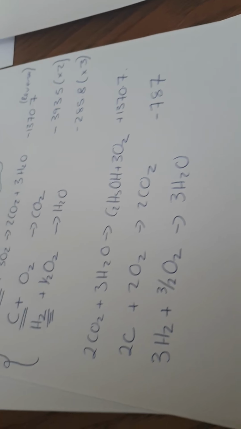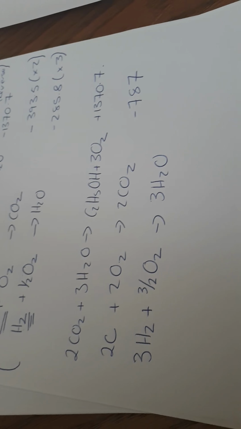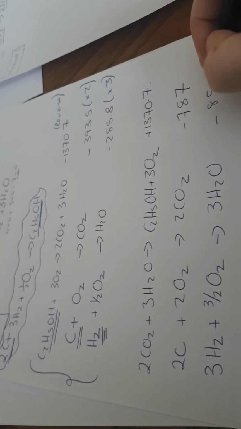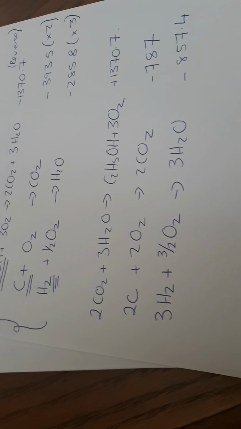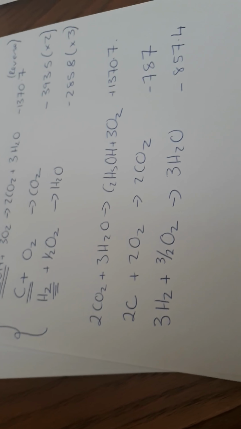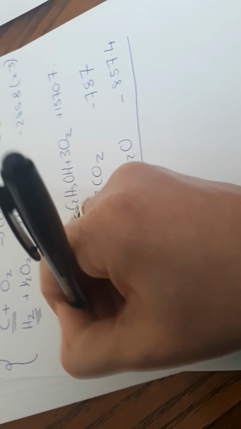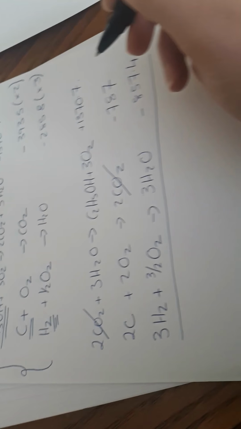And when I multiply minus 285.8 by 3, I get minus 857.4. Now what we do is, again, we have a look at what we have on our left hand side and what we have on our right hand side.